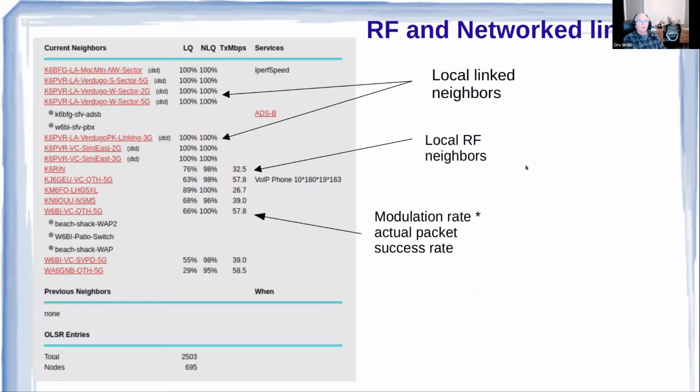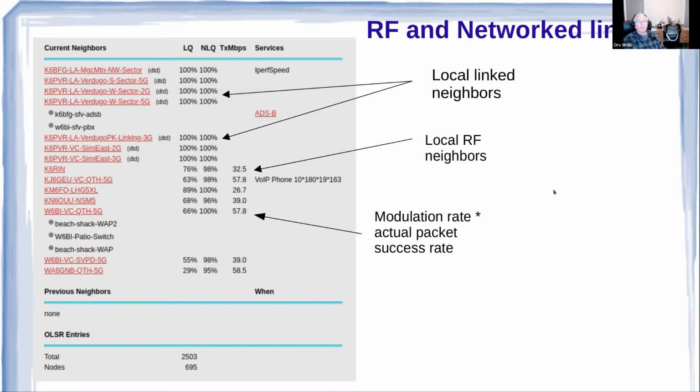So on the mesh status page, this is the right-hand column, the current neighbors. The local link neighbors, you can see, are DTD links, and they're 100%. If you have a DTD link, or sometimes a tunnel over here, TUN, and any of these are not 100%, something is drastically wrong.